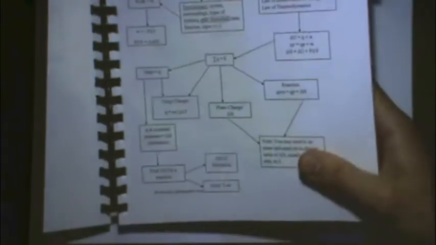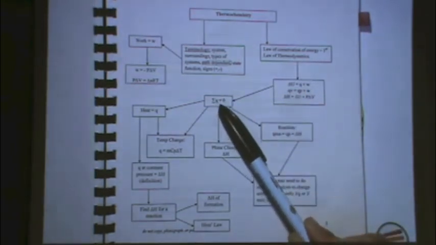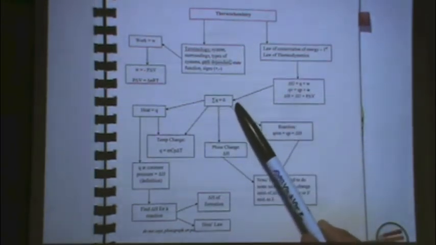I want to call your attention to the reader here for a moment. This figure is also, as normal, posted online. But let's just see what we did. In this chapter, we did terms, we did work, we did the first law, we did the sum of the Q's equals 0, which is really from the first law. I worked a little bit on phase changes.